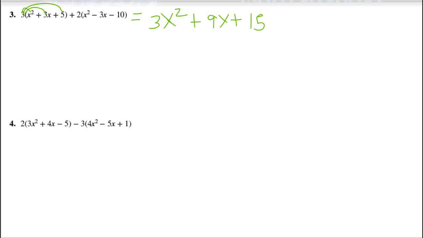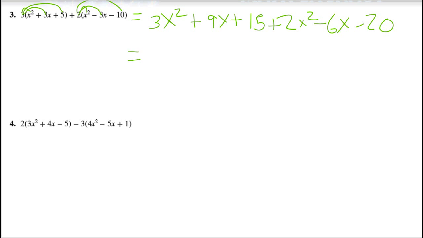Okay. Plus 2x squared minus 6x minus 20.